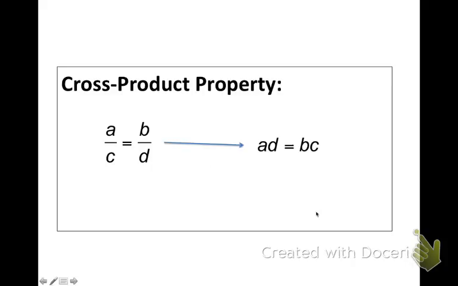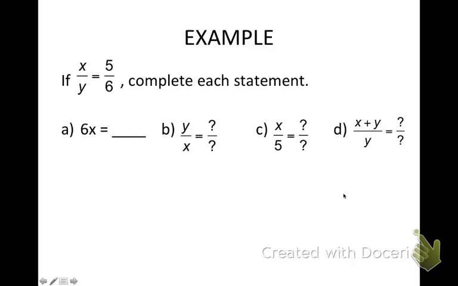So if we give you the proportion x over y equals 5 over 6, 6x is one of the cross products. What's the other one? 5y. So my cross products should stay the same no matter how I manipulate my ratios. Well, if my original ratio was x over y, what happened to it in part B? It flipped.